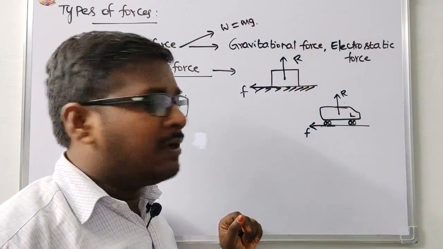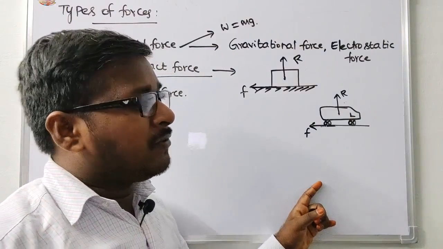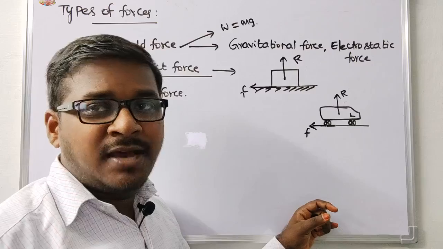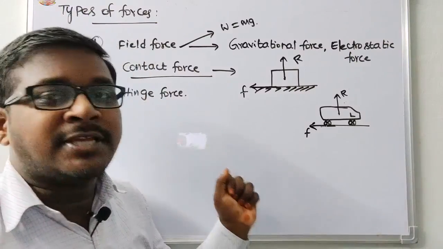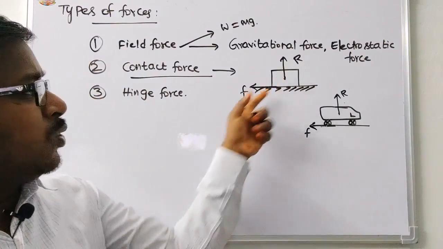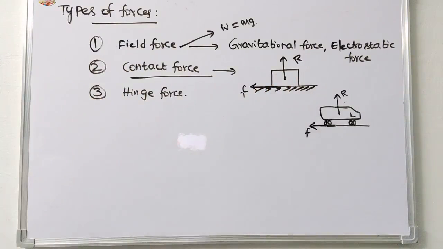Each surface exerts a frictional force on the other; the two forces are equal and opposite. This force is perpendicular to the normal reaction.